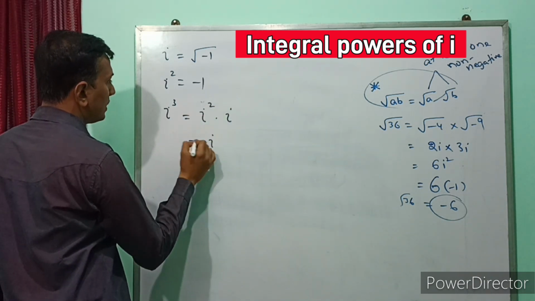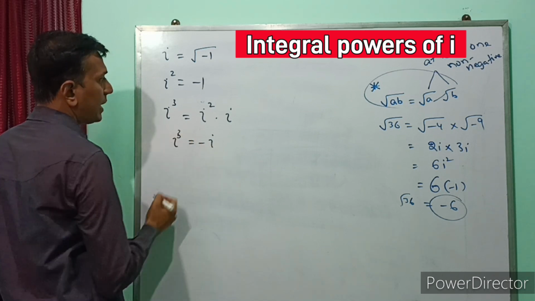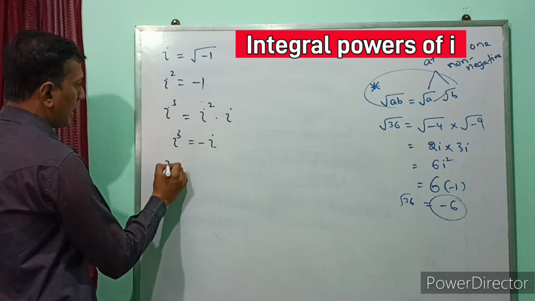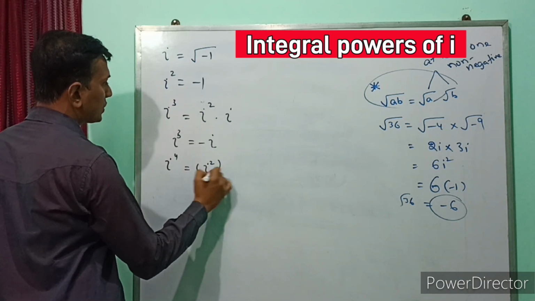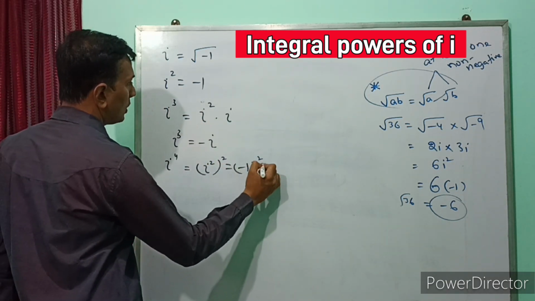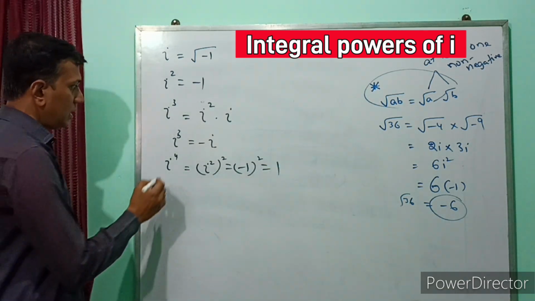So it leads to the value of minus i. i power 4 is nothing but i square whole square, that means minus 1 whole square, which can be written as 1.